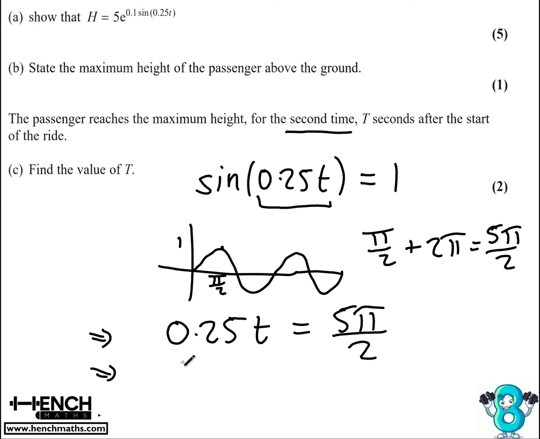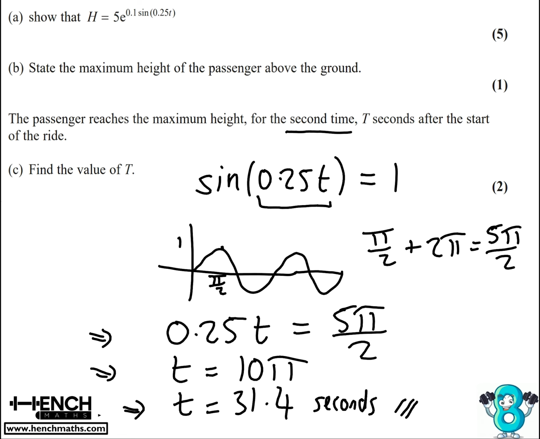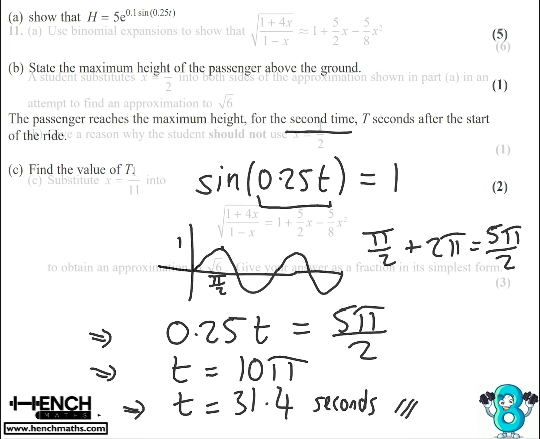And if we times everything by 4, that's when t is equal to 10 pi. I'm going to give it to 1 decimal place. So t equals 31.4 seconds. And that's another 8 marks in the bag for question 10.